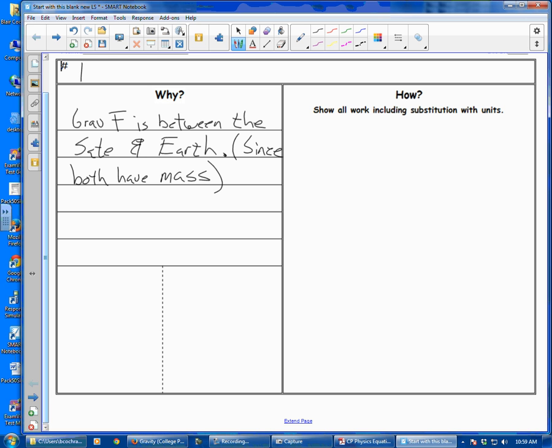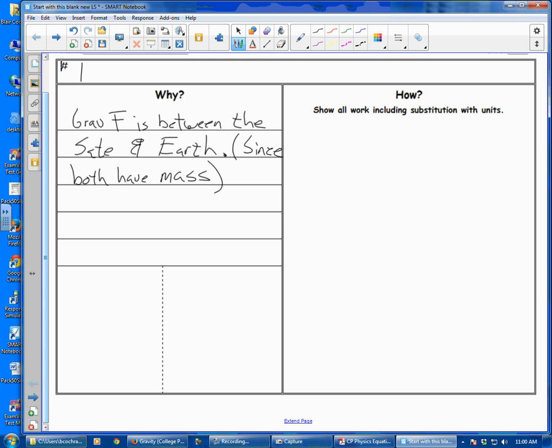That's actually one thing I wanted to clear up that I think a lot of people didn't get when we were talking earlier: if something has mass, it creates a gravitational field around it. Here's the Earth, and it's got all this mass, so it's got a big gravitational field around it. If we take any other body, a satellite or you, and it has mass, it also creates a gravitational field.